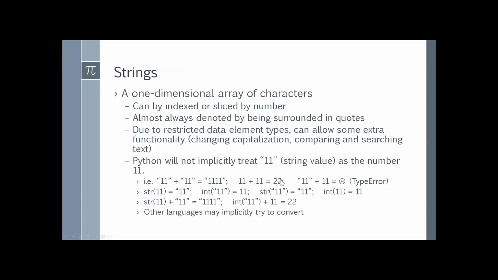If I combine integer 11 and integer 11, I get 22. If I combine string 11 and integer 11, I get a type error saying I can't add a string and an integer together. If I force number 11 to be a string, that's perfectly fine. But again, other languages may try and do a lot of implicit conversion. Python does not want to do that.